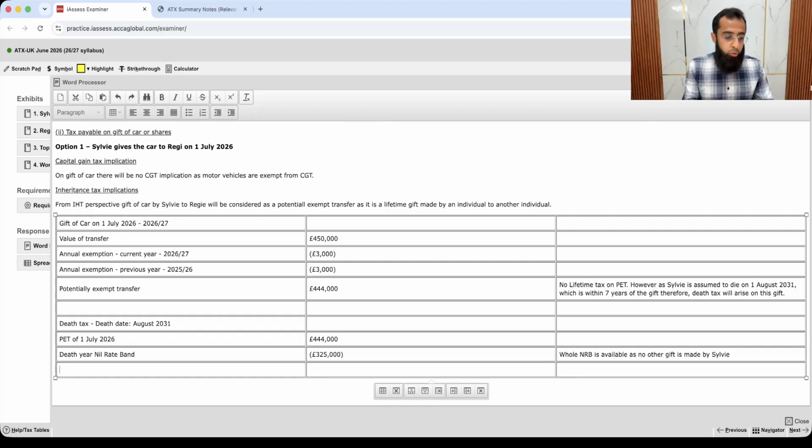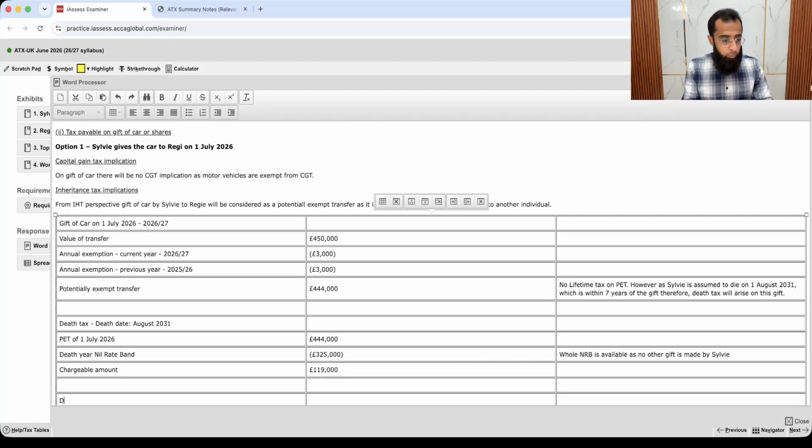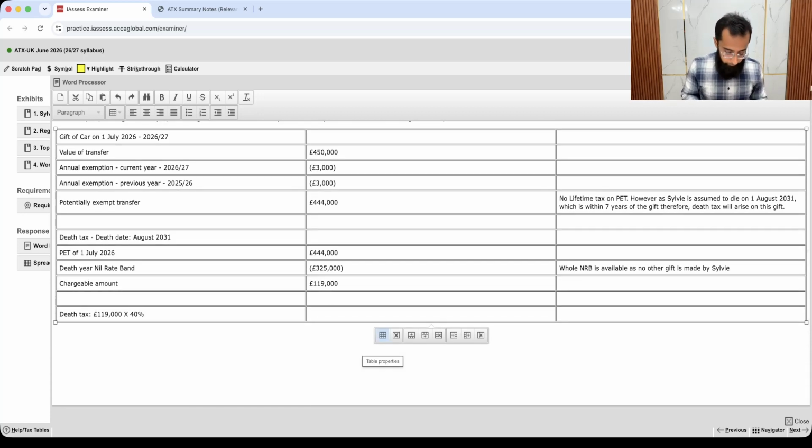So chargeable amount is how much? 44 minus 325... so 119,000. So my death tax will be 119,000 into 40%. I believe this is very simple, which I'm doing.